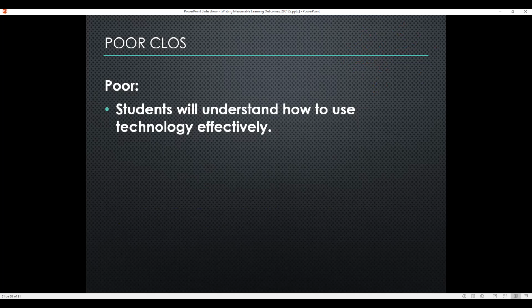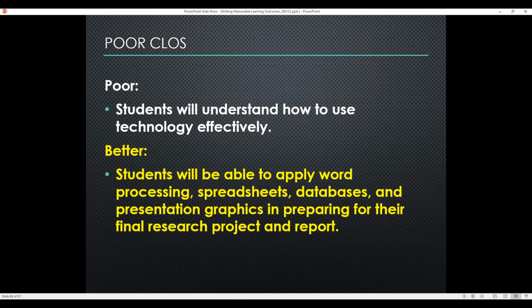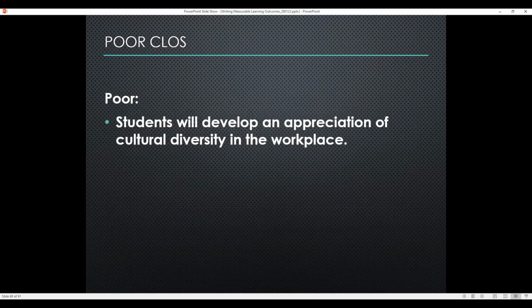Yes, if it's nursing, then maybe use a specific system for measuring blood pressure, something like that. Students will be able to apply word processing, spreadsheet, all these tools, maybe under Microsoft, in preparing for their final research project and report. So it could be a set of technological tools they need to use to complete their final year project. Right, good. You're beginning to see it.